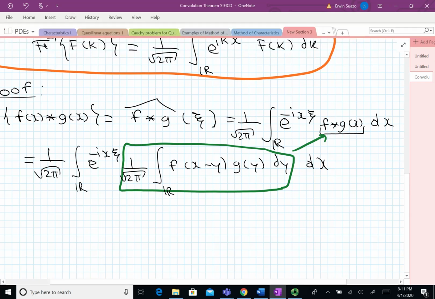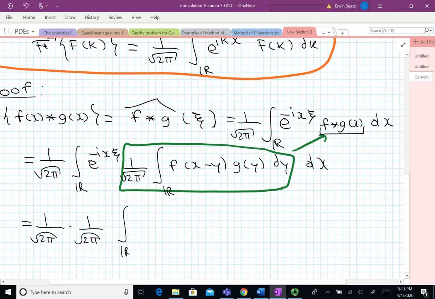Now I have dy here, I have dx. This guy doesn't have dy, so I can put it inside of this integral. I'm gonna take my 1 over the square root of 2 pi outside. I'm not canceling yet because I'm gonna need it.